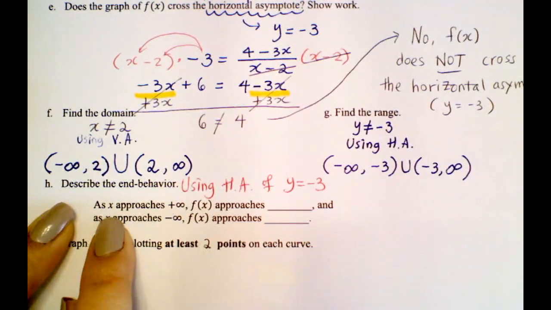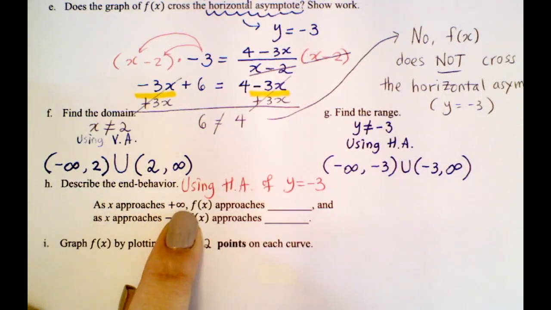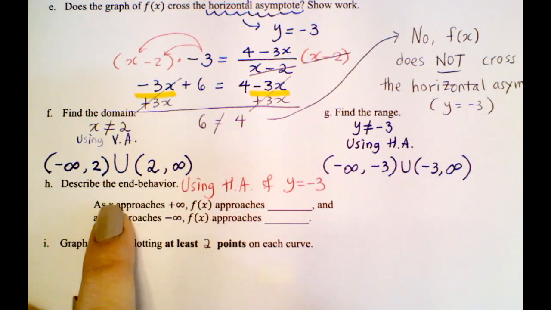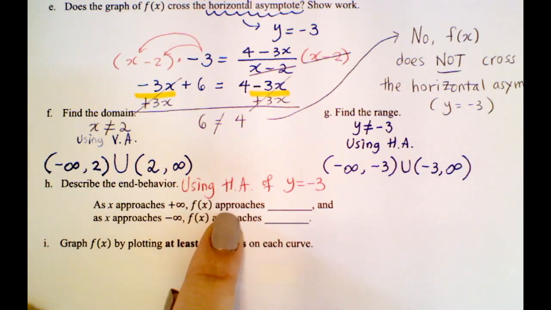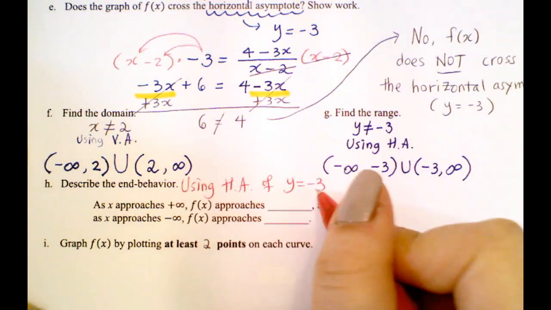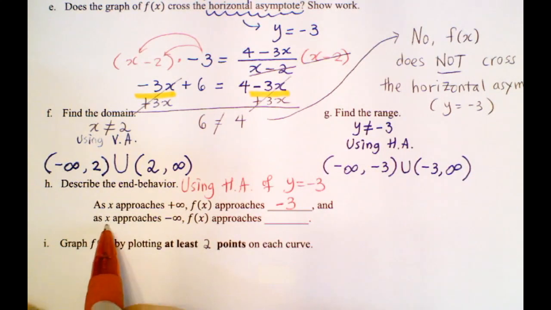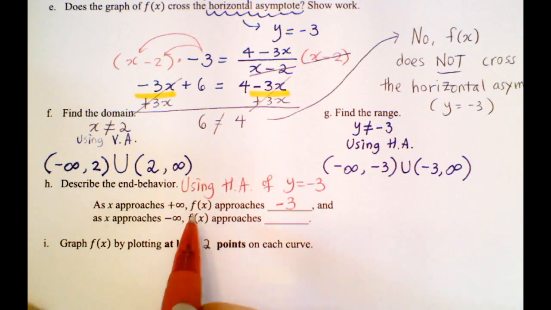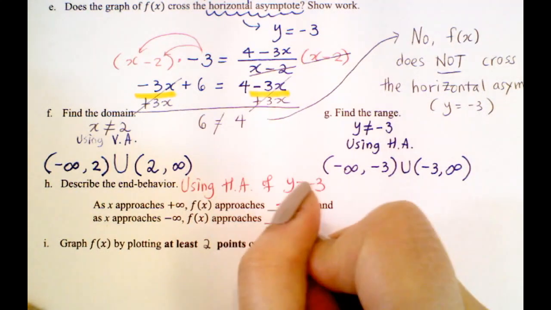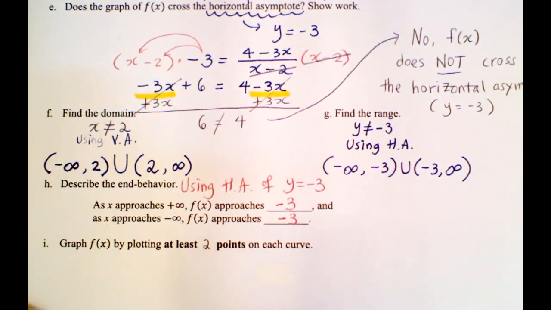If x gets really, really big, so as we are going to the right side of the graph, the f of x will approach this horizontal asymptote value of -3. And as x approaches -infinity, so as we are going to the left side of this graph, f of x will approach -3.